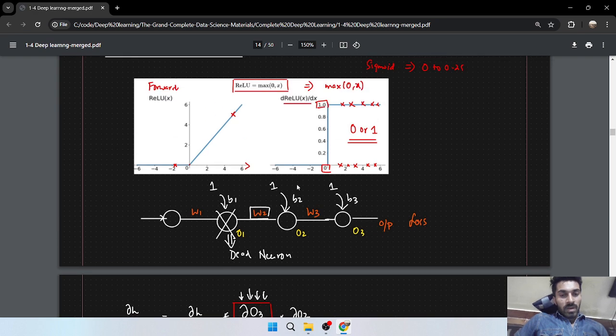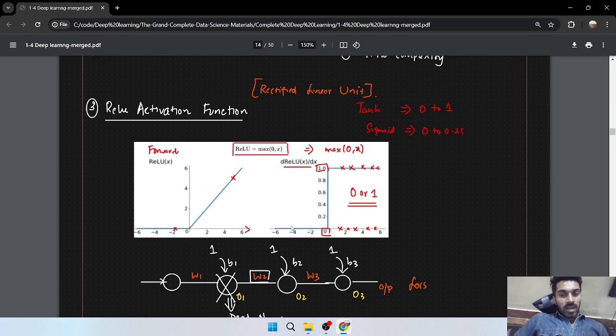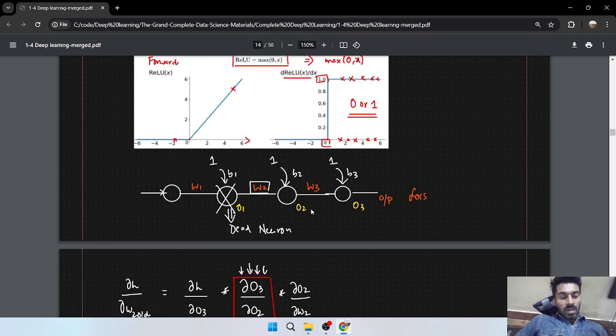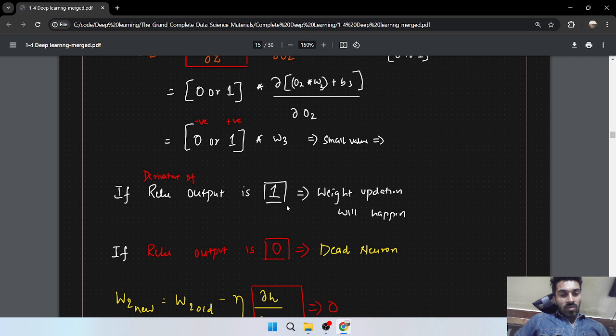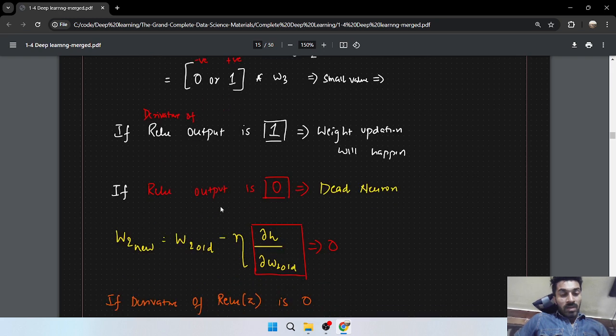So what happens in this is the dead neuron problem. It is giving 0 or 1, so the derivative will be sometimes 0 or maybe 1 only. So this is also a problem. If the ReLU output is 1, then weight updation will happen, and if the ReLU output is 0, it is a dead neuron directly.